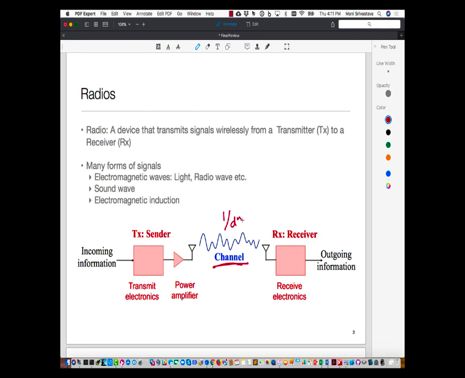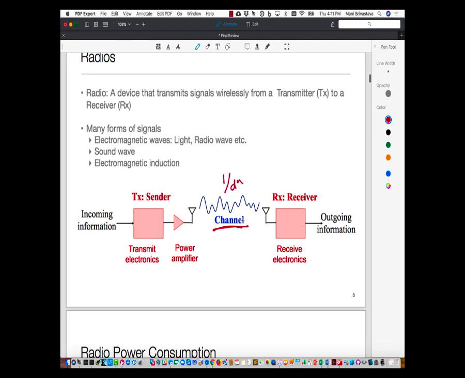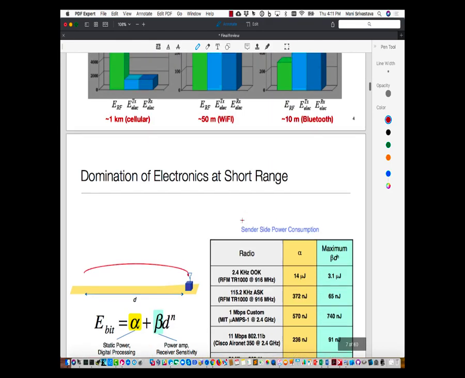Earth is a good conductor, so the signals going through the conductor get suppressed. So it turns out that the very same devices close to the surface are going to see 1 over d to the power 4.